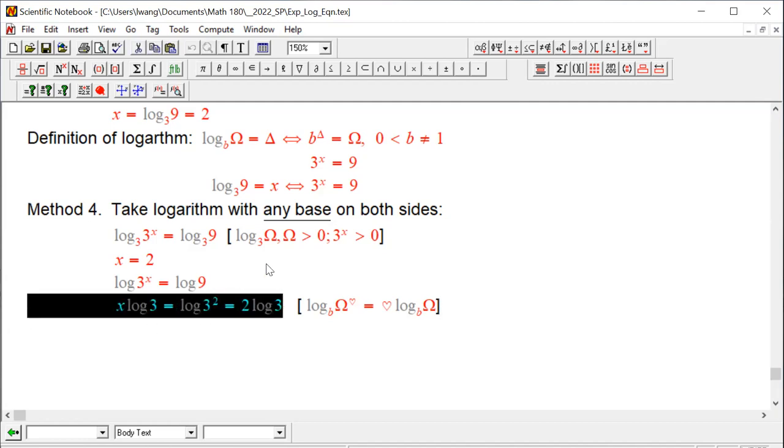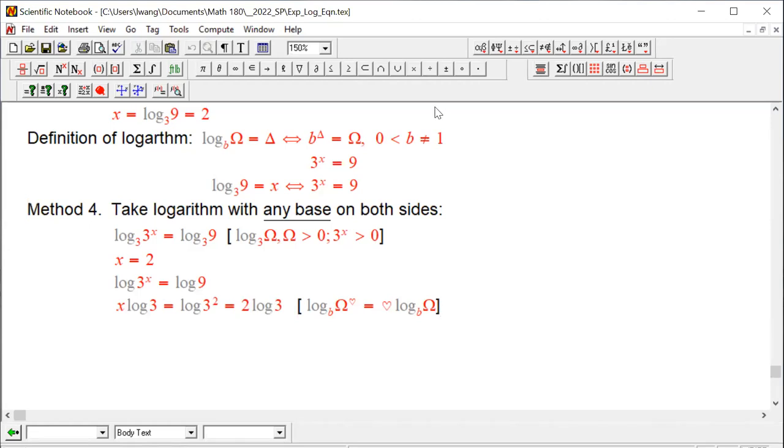So as a result, now we got to this point. And then we're going to divide both sides by log 3. Remember, log 3, these must be together. So the next step, I'm going to divide both sides by log 3.